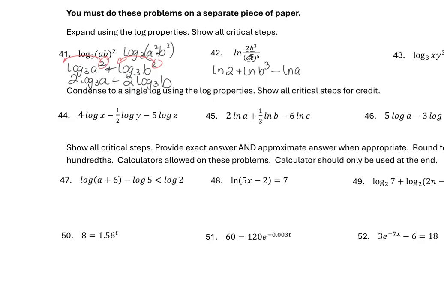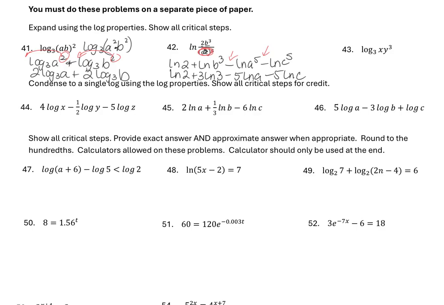Ln of a to the 5th minus ln of c to the 5th. And then all my exponents can become coefficients. So the 3 goes in front, 3 ln b minus 5 ln a minus 5 ln c. So everything that was in the denominator here is going to have a negative, for everything in the bottom.